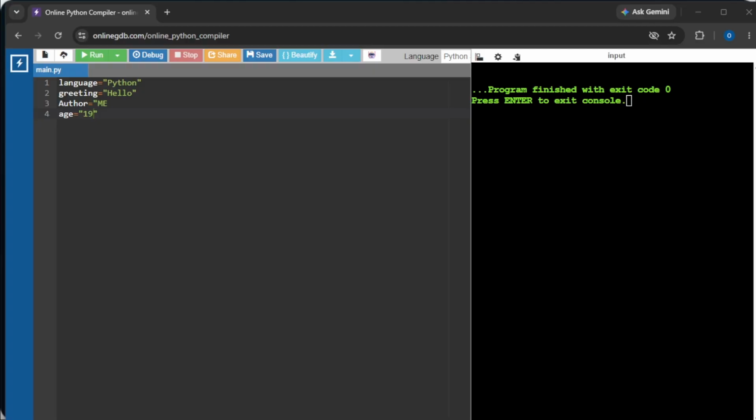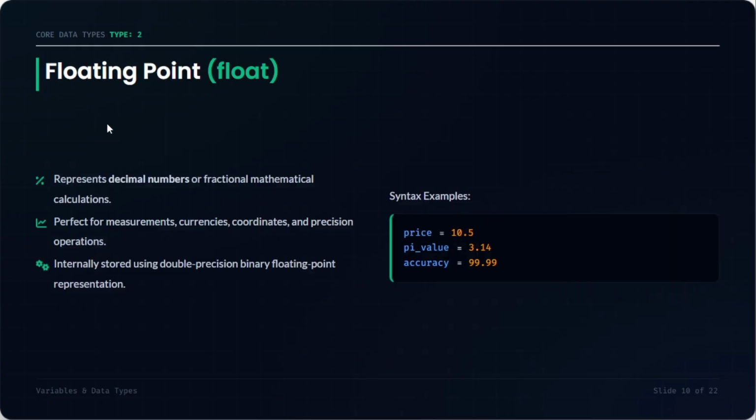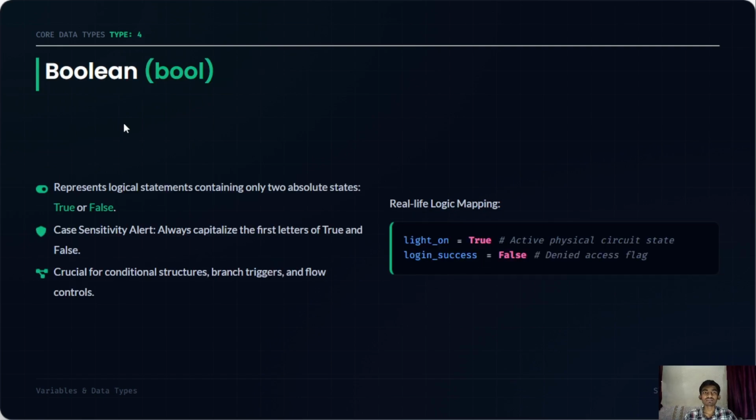Now moving on to booleans in the slide. Now let's look at one of the easiest data types in Python. A Boolean variable can be only of two values, either true or false, nothing else.